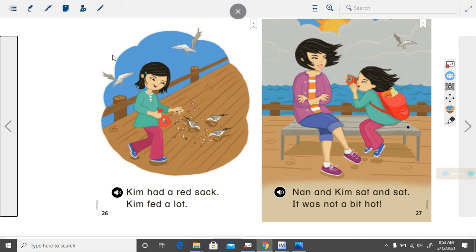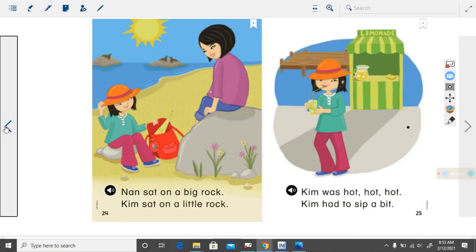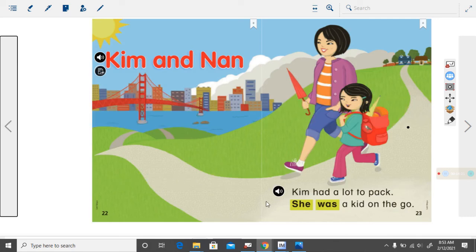Okay, I'm going to read each sentence in this story, and then I want you to read it after me. Make sure you're changing your voice as we need to. Ready? Kim had a lot to pack. Did you read it? Now my turn to read the next one. She was a kid on the go. Your turn.